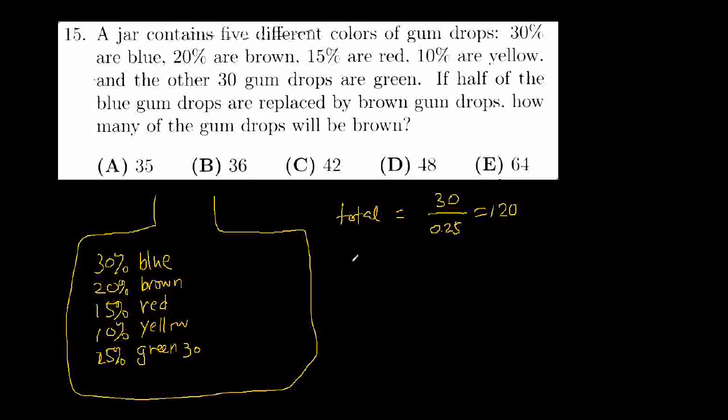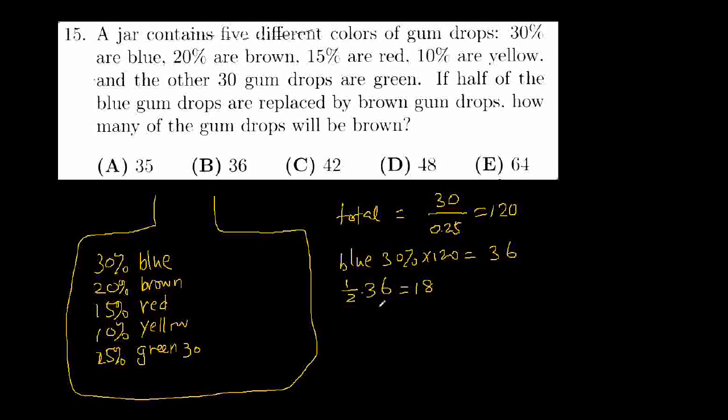Now, if half of the blue gum drops are replaced, from that we know blue is 30% times 120, equal to 36, and half of that, 36, equals 18.